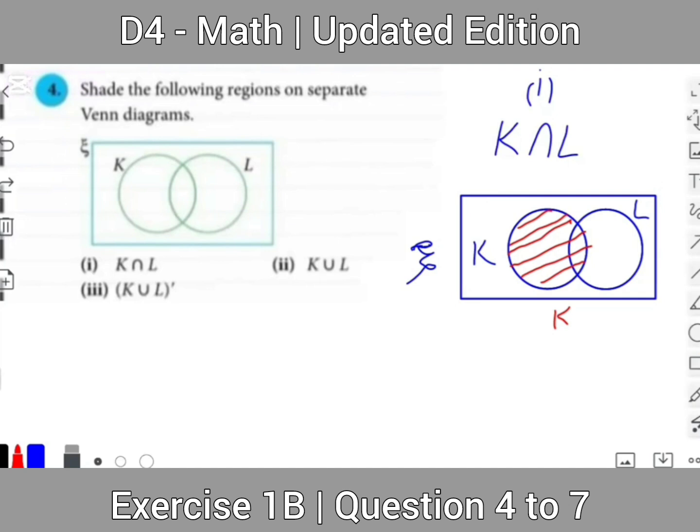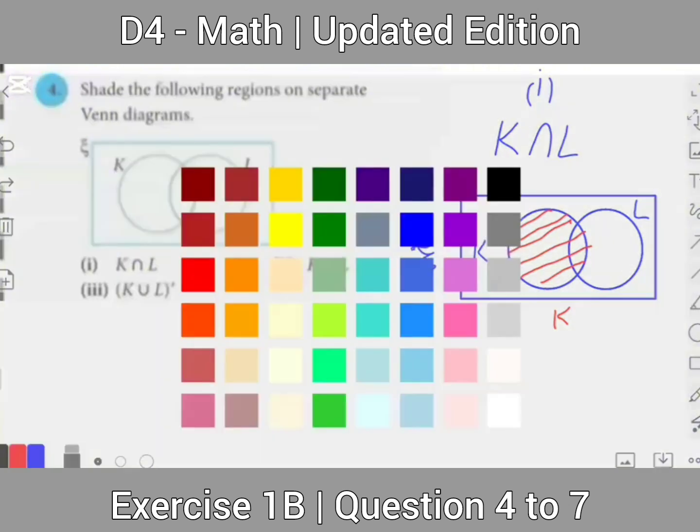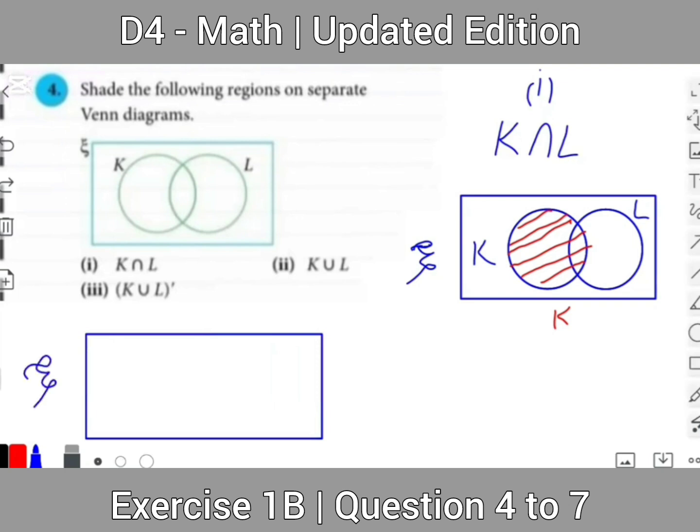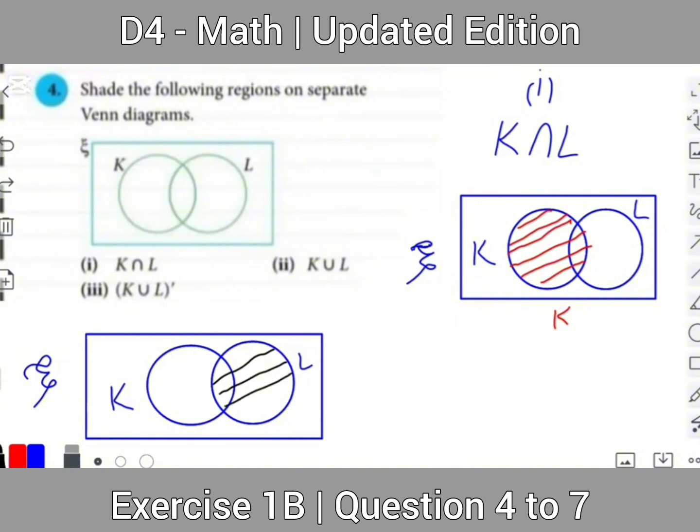Now in the second Venn diagram, we will again draw a rectangle that represents the set η, and inside it, we will draw two overlapping circles that represent the sets K and L. And now we will shade the region for the set L with black color.